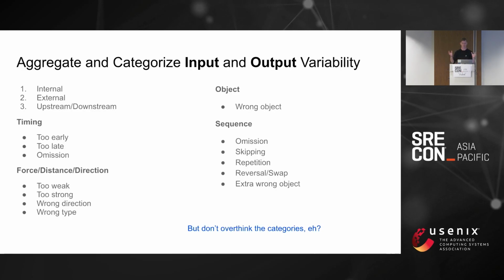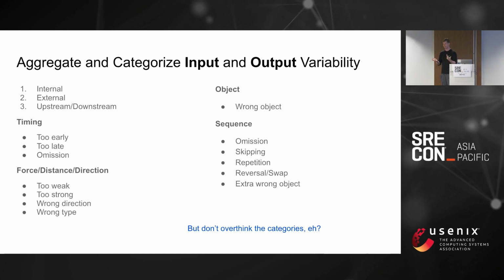Right. So if you look at types of variability, categories of variability, and yes, categories. Don't overthink the categories. Don't be a slave to the categories. But you can have internal variability, where something just takes longer to do, or sometimes it gives a weird output. Or you have external things.